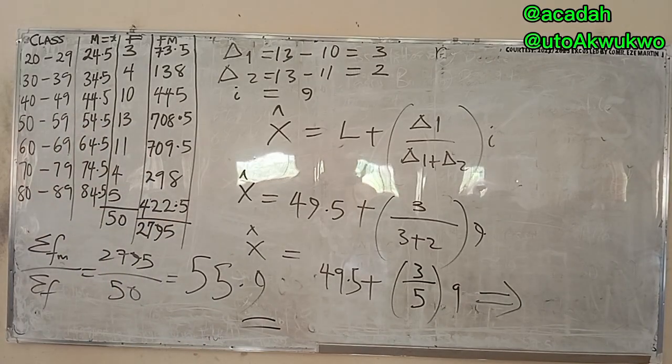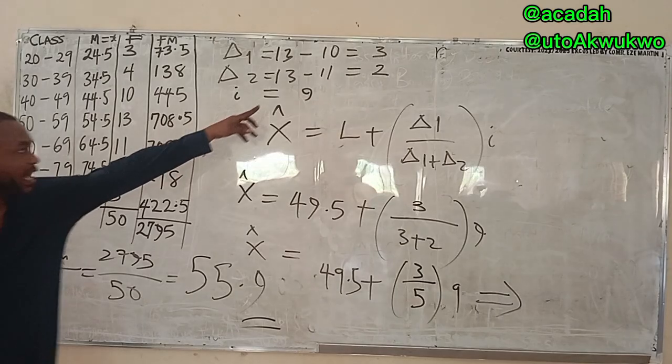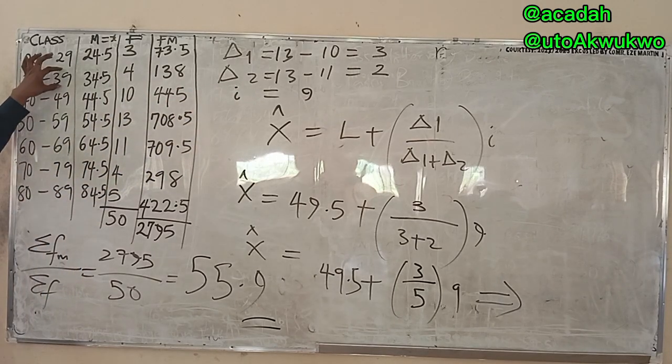So always think: what did you get there? The class interval is the difference between successive upper class limits.